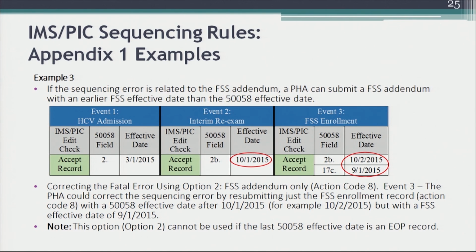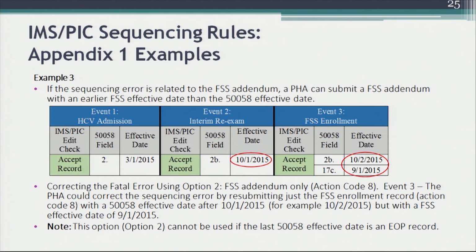Example 3 shows how to correct the error using the option 2 method. So this can be used if the sequencing error is related to the FSS addendum. Here, a PHA can submit an addendum with an earlier FSS effective date than the 5.8 effective date. So referring back to the earlier example, we had the family enrolled in the FSS program on 9/1.